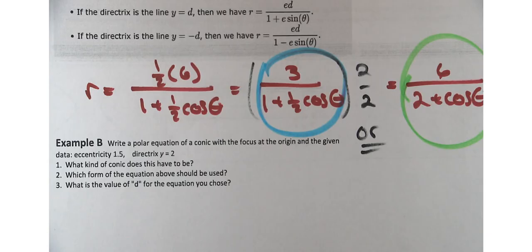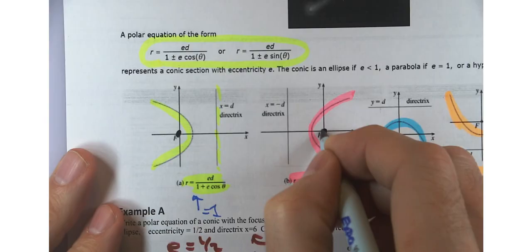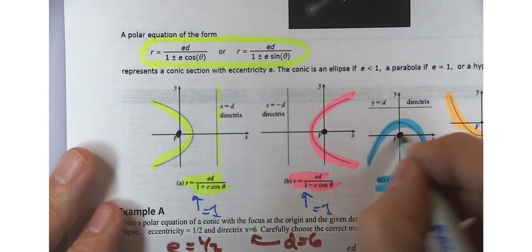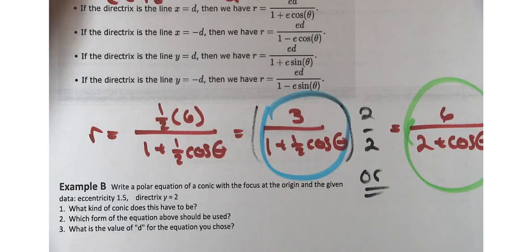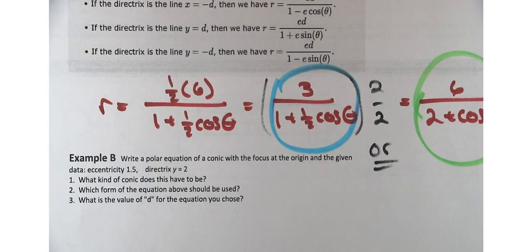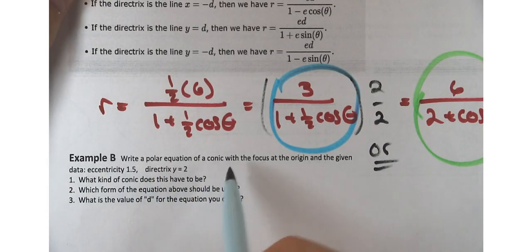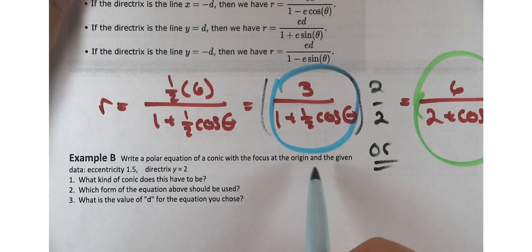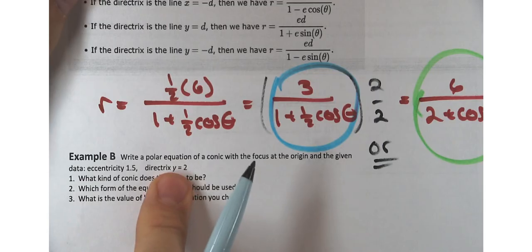By the way, I should have mentioned that with all these, you're going to have one focus at the origin. For ellipse and hyperbola, you're going to have 2 foci. Write the polar equation of a conic with the focus at the origin and the given data. Eccentricity of 1.5, directrix of y equals 2.